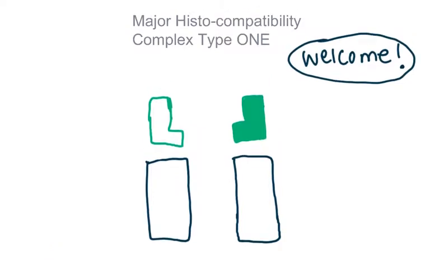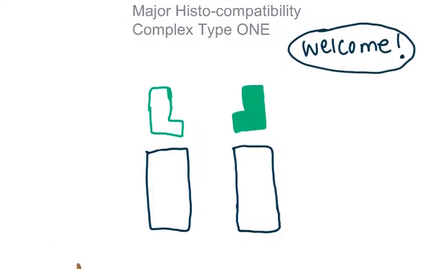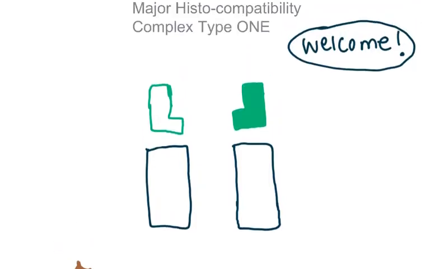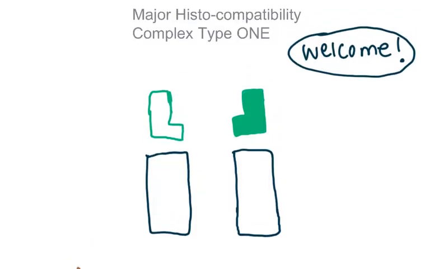Well, we drew it like this, but you can also see it drawn like this, with a slight curve to it. We'll look at an MHC type 2 complex structure later in another video. This video is about MHC type 1 structure.